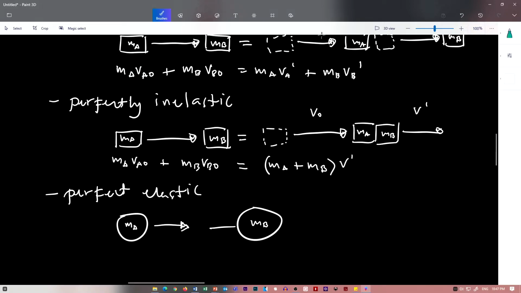All right, so upon collision, of course they will hit each other, right? So this will be the look of them upon collision, then this will be them moving. This will be your m sub a, then this will be your m sub b.